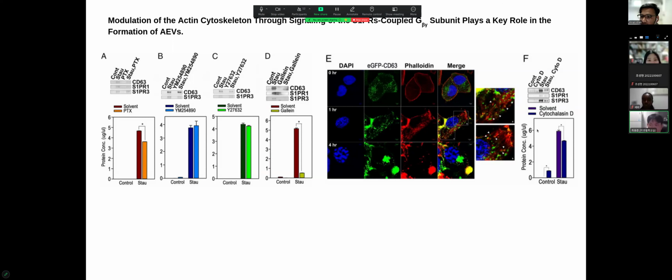And when the F-actin inhibitor cytochalasin D was used, the inhibition of filamentous actin also resulted in reduced release of exosomes when subjected to apoptotic cell death.